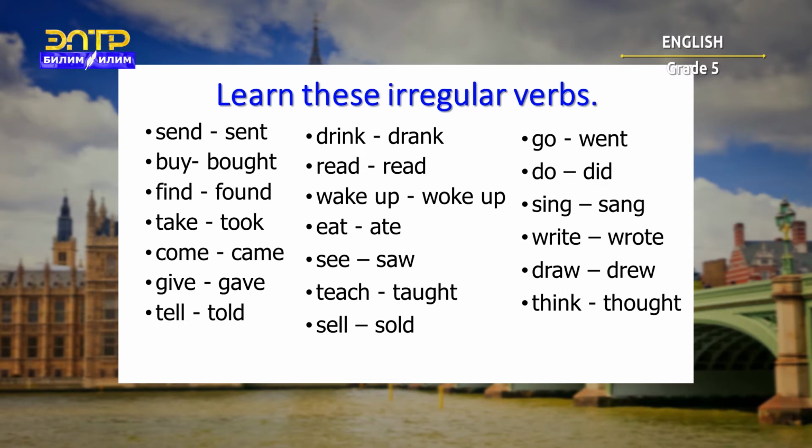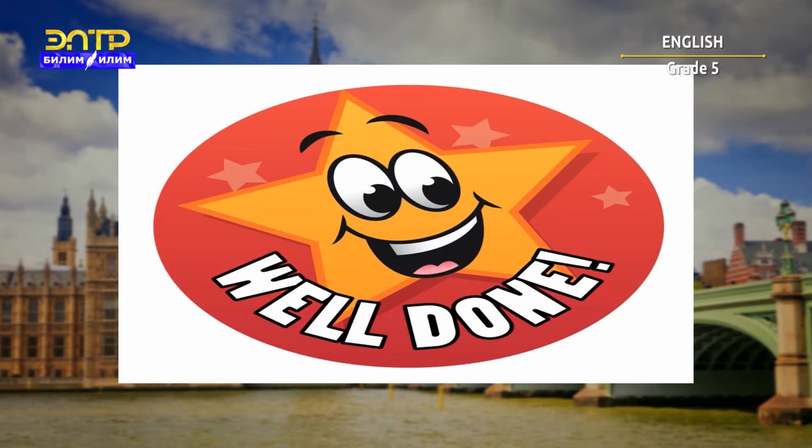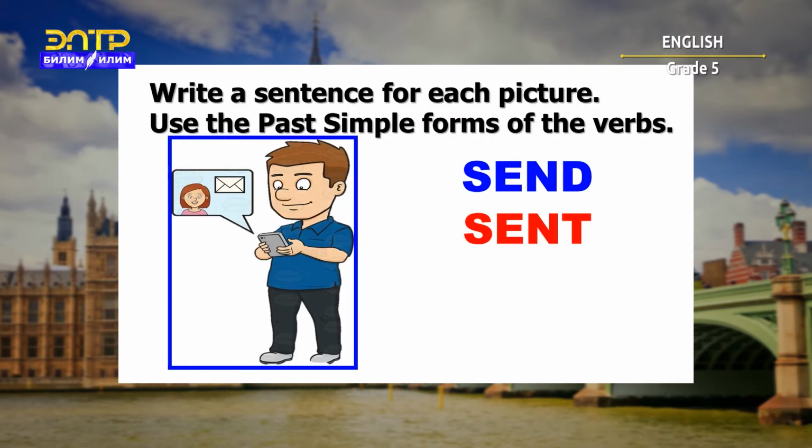Please write these irregular verbs into your copybooks and don't forget to learn them by heart. Well done! Now you should write a sentence for each picture. Use the past simple forms of the verb.